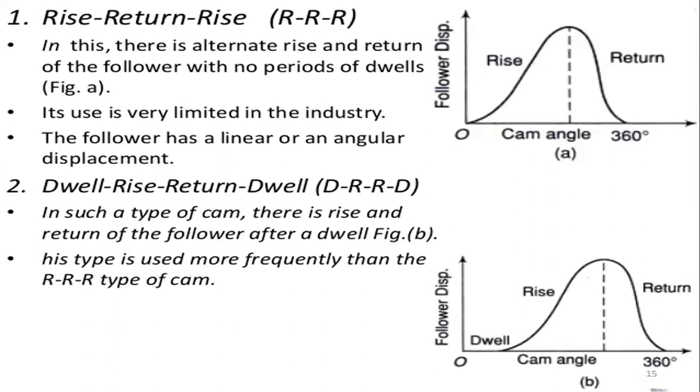In these types of cams there is rise and return of the follower after a dwell period. So after some limited time, it has a dwell period before and after the rise and return of the follower.